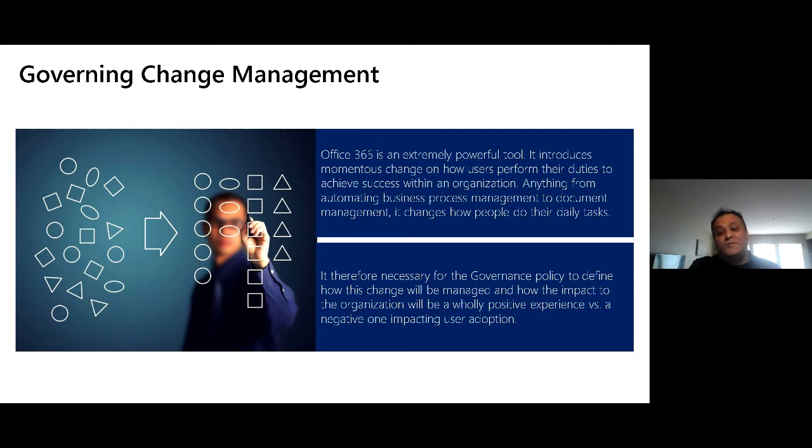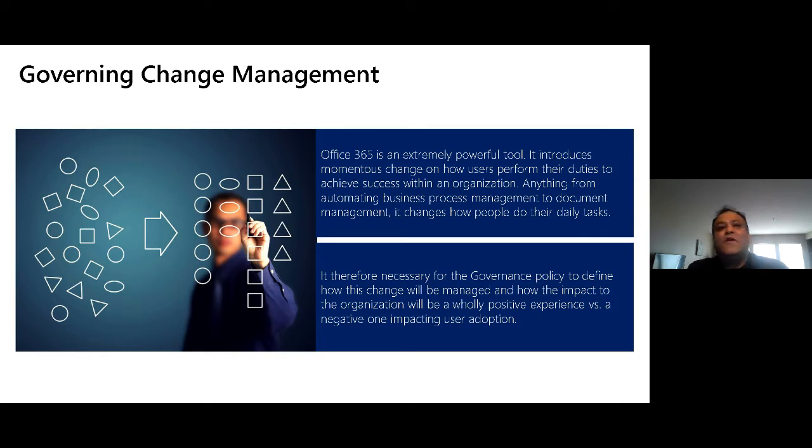No, I'm talking specifically about how anything that you do that will automate a business process, that improves the way people do things, you have to have a security and a governance policy behind it. And it's important that you actually understand this and define it, because this is where most organizations fail.